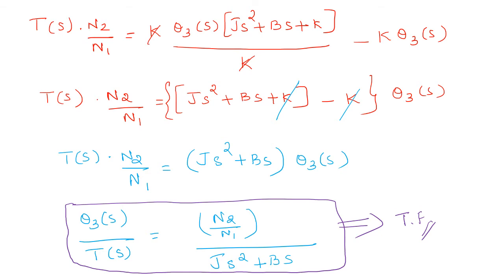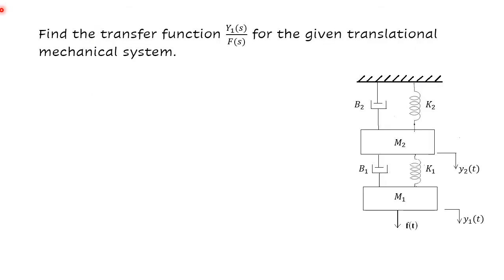So next we move on to our example on mechanical translatory system. The question is, find the transfer function y1 of S by f of S for the given translational mechanical system. The system has two bodies of mass m1 and m2.